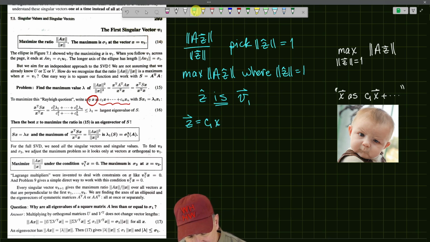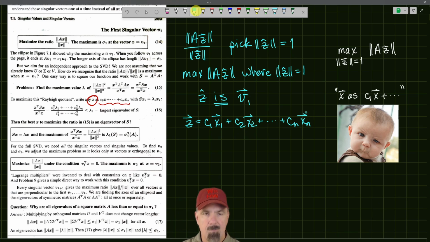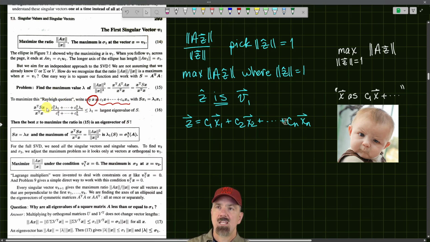So z is c1 x1 plus c2 x2 plus etc. The c is not the vector, x is the vector, and we're doing this linear combination. That's for the Rayleigh quotient conversation, which we're not really going to get into, but it's made even more confusing because this first x is missing its one subscript. So now we have x's in both places, and hence we end up looking like this.